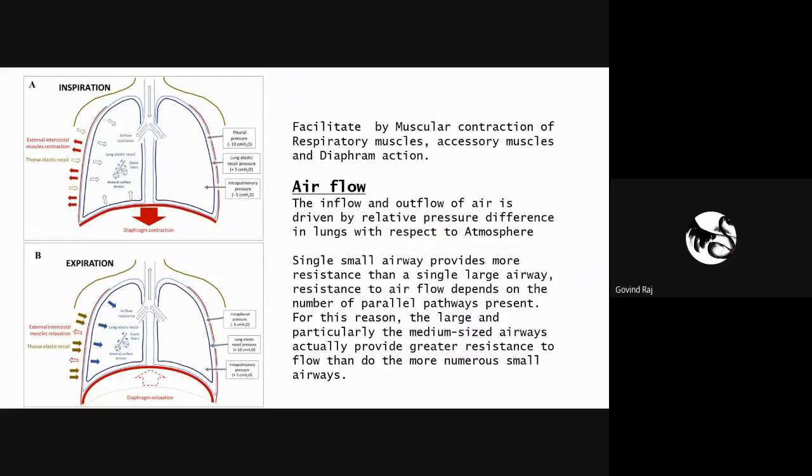So what here what it says is that we have talked about the branching of pharynx into different bronchus, bronchioles, and alveoli, etc. So what happens here is that when you look at a tree, you can see the branches. So as the branches progress, the branches become thinner and thinner.